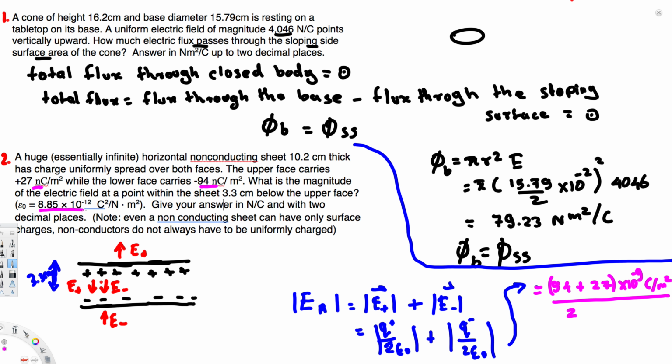Epsilon naught is this value, 8.85 times 10 to the power minus 12 coulomb square per Newton meter square, and if you calculate this value you should get 6836.16 Newton per coulomb, and that's going to be the final answer.